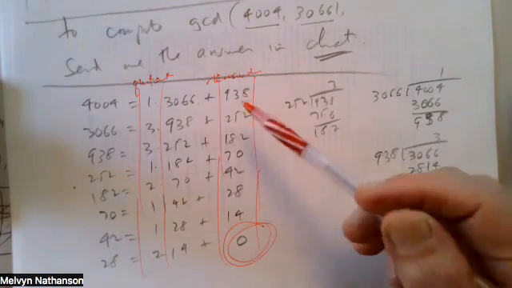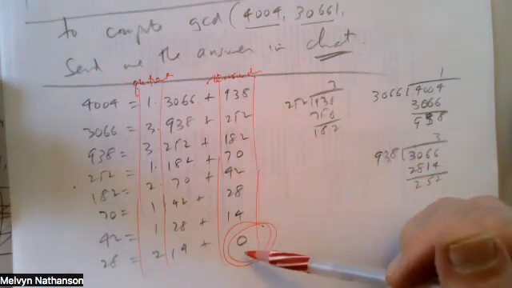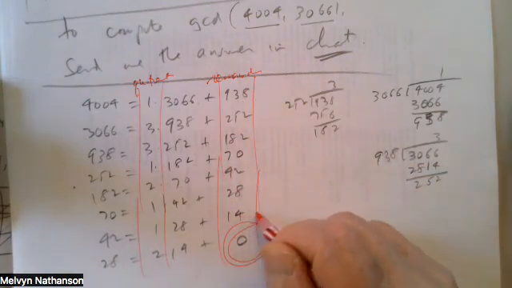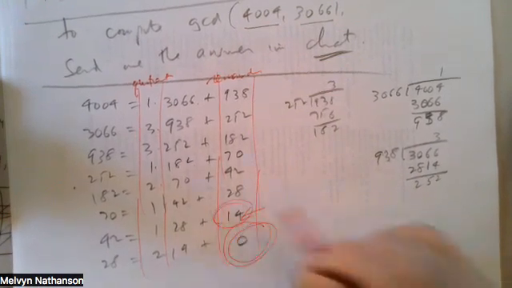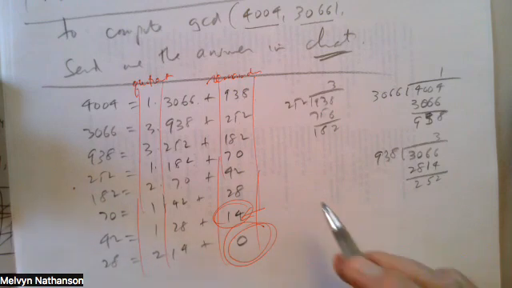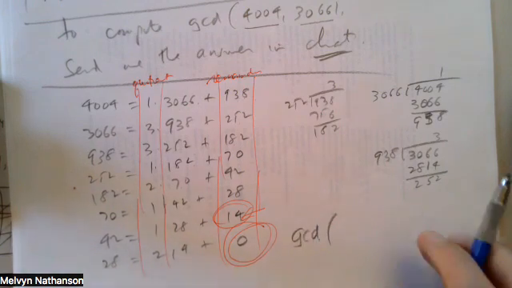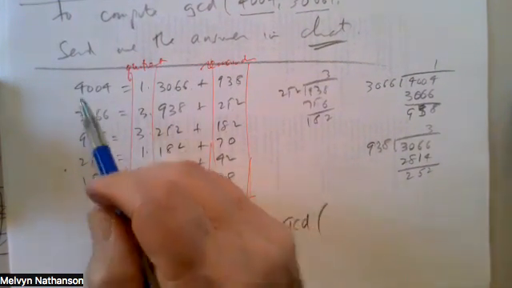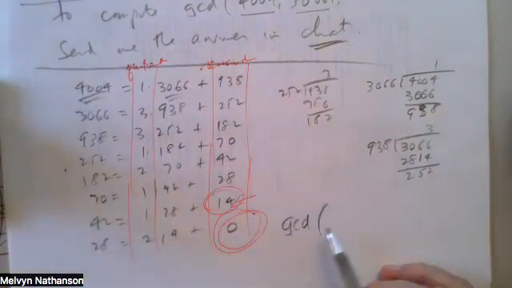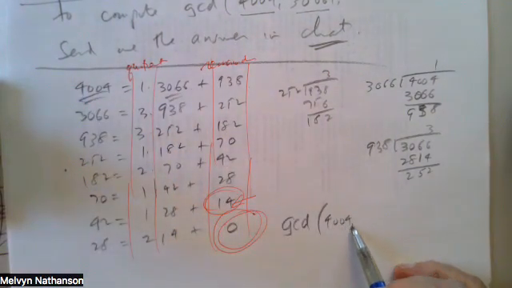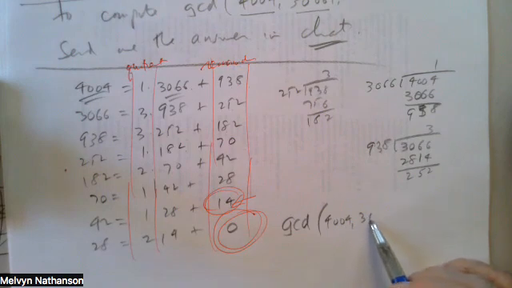So these remainders are strictly decreasing, and the last positive remainder is 14. So the GCD, the greatest common divisor of the two numbers I started with, 4,004 and 3,066, is 14.